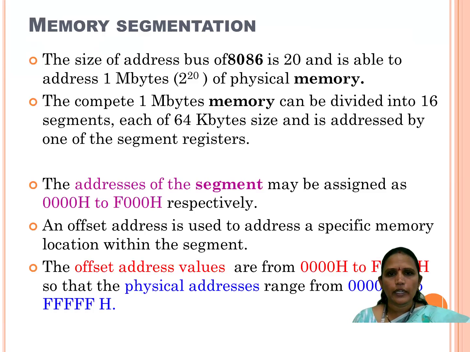So the memory segmentation covers 1 MB of memory, and the total 1 MB can be divided into 16 segments, each of 64 kilobytes, addressed by one of the segment registers.